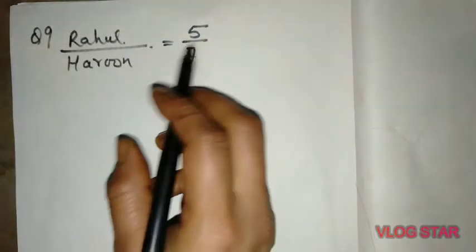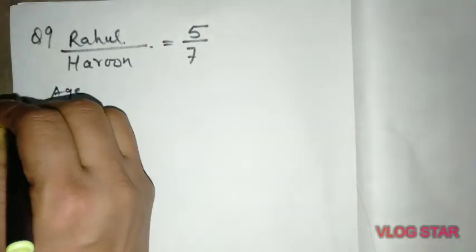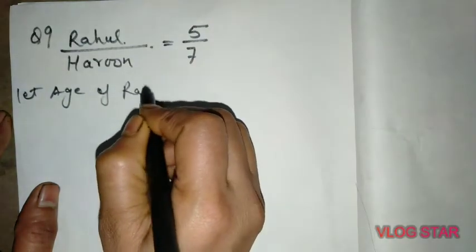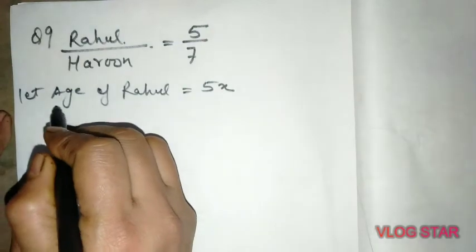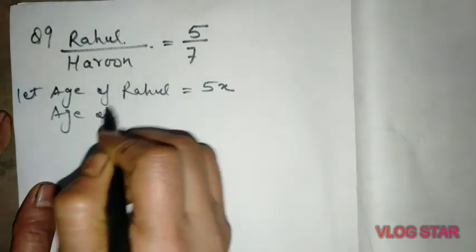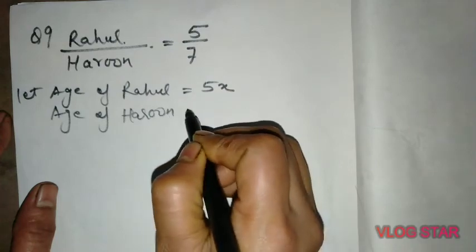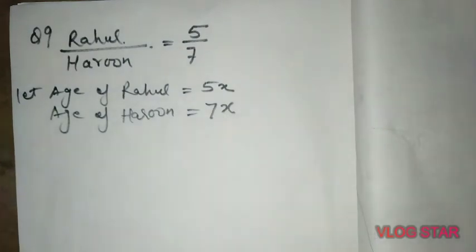So let us suppose that the age of Rahul is 5x and the age of Harun is 7x.